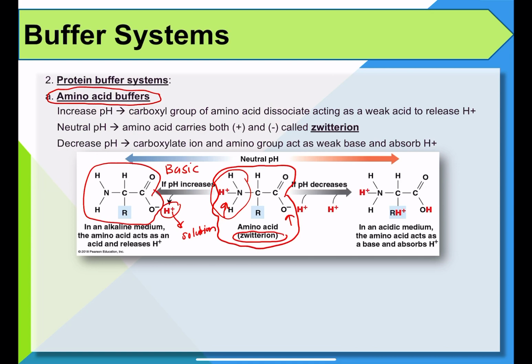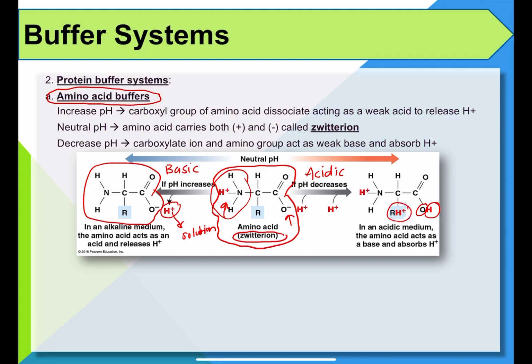If, excuse me, if the pH decreases, which means that condition of the body gets too acidic, then your amino acid will act as a conjugate base. And there's couple spots on the amino acid that can act as the conjugate base. One of them being your carboxyl group, which can bind to a hydrogen, or sometimes a side chain within the amino acid can also act as a conjugate base and bind extra hydrogen ions.